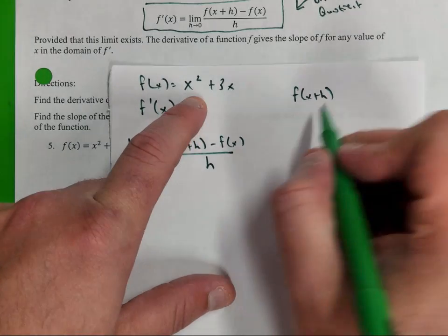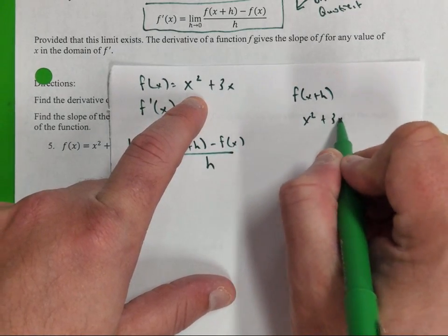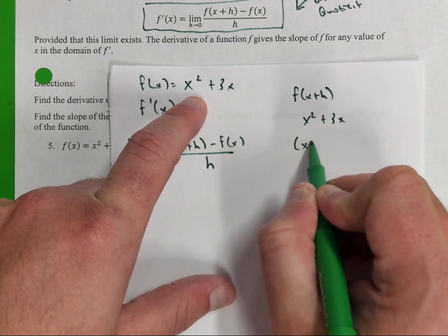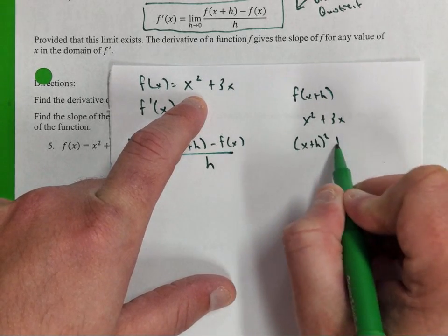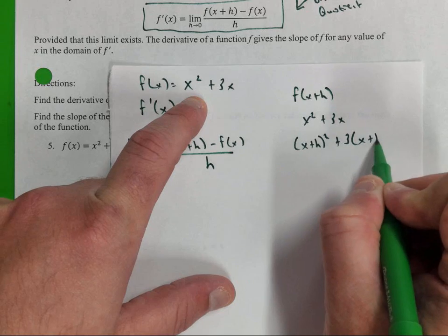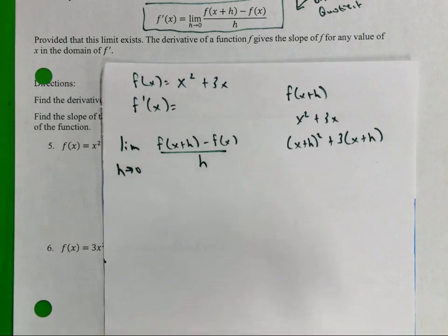My original problem is x squared plus 3x. I'm going to take that and plug that in: x plus h squared plus 3 times x plus h. I'm finding what f of x plus h is. I take the original function and plug it in. Now, what do I have to do with x plus h squared?